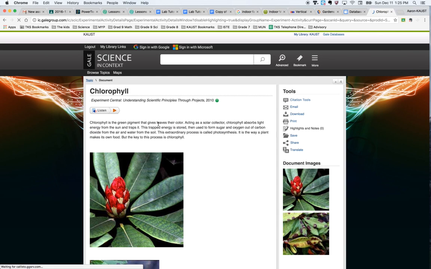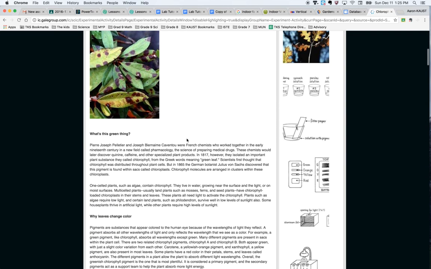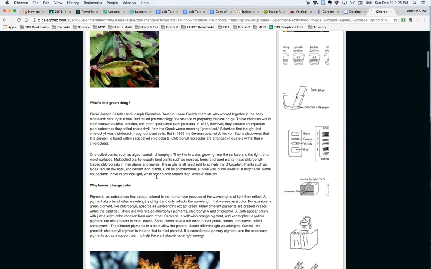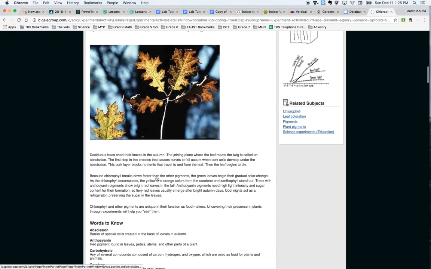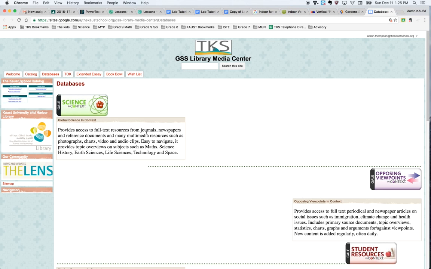Okay, so chlorophyll is a green pigment. They act like solar collectors: they trap sunlight, and then they work on photosynthesis. So this gives us some ideas about photosynthesis as we scroll down. Another experiment that I could have picked from, let me go back to that.